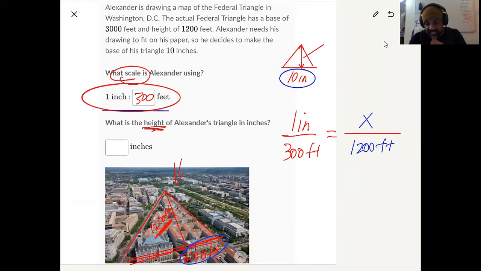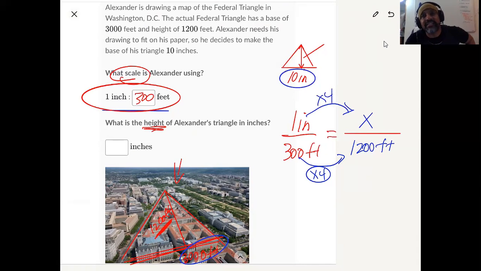So there's a lot of ways to do this. We could cross multiply. I'm gonna show you something that I like to do, especially when the numbers are nice multiples of each other. If you multiply 300 times 4, it'll give you 1,200. So since we multiplied the bottom by 4, we have to multiply the top by 4.